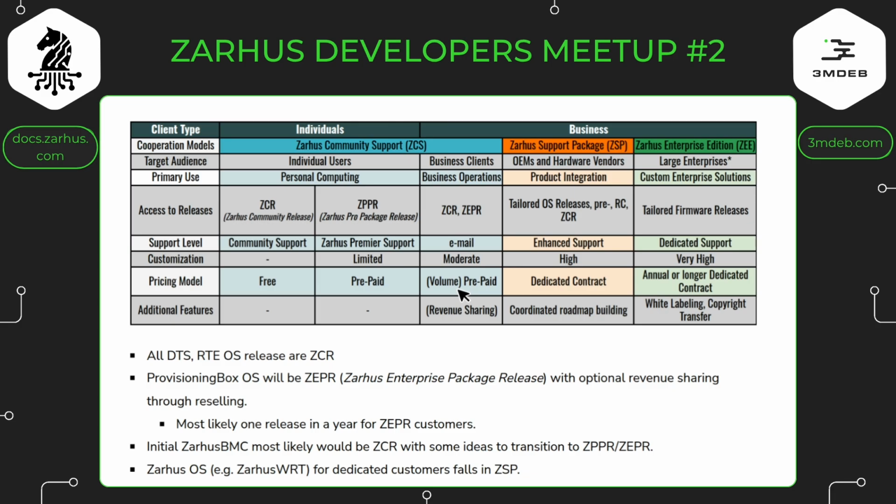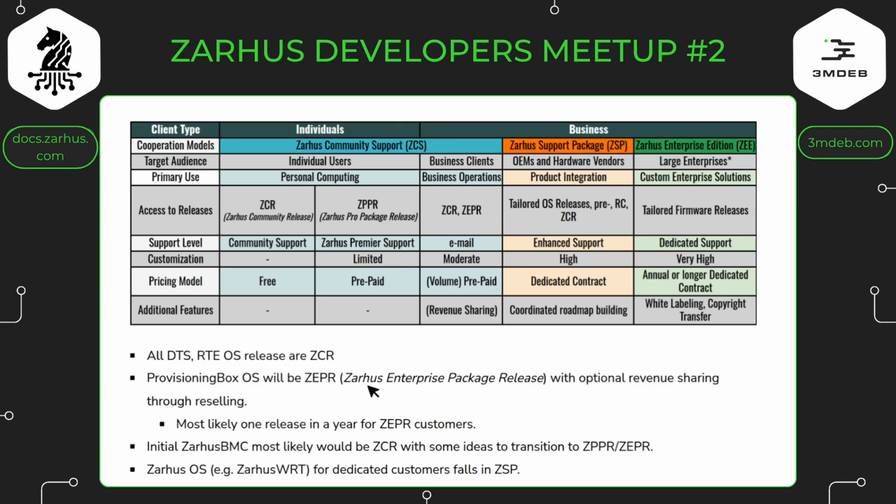Then business clients can have either ZCR, that's fine to use, of course, to some limits. And then ZEPR, which is Zarhus Enterprise Package Release. Essentially, this is like the Zarhus Pro package, but for business clients. The initial plan for this one is that Provisioning Box OS and the underlying hardware will be under this program.